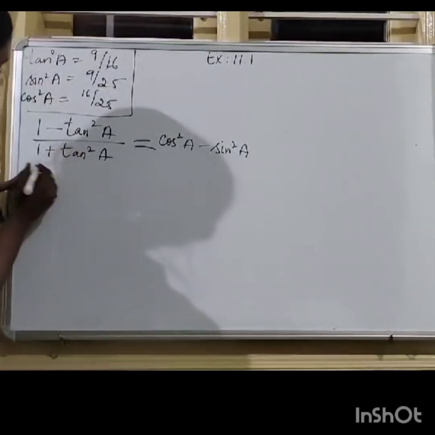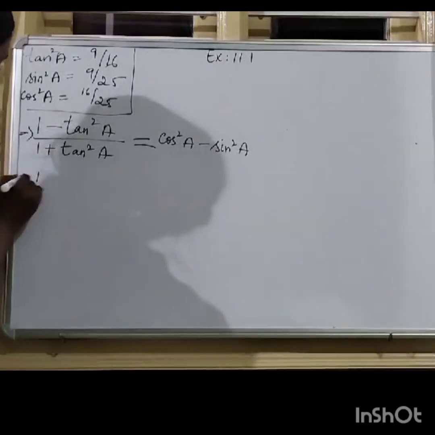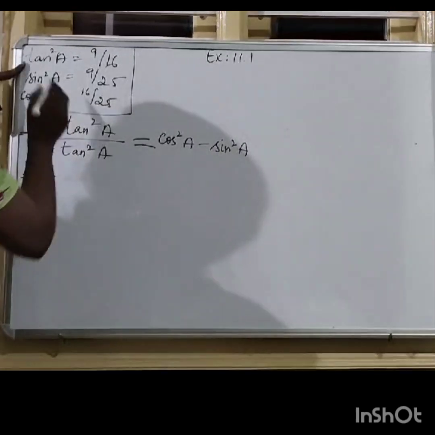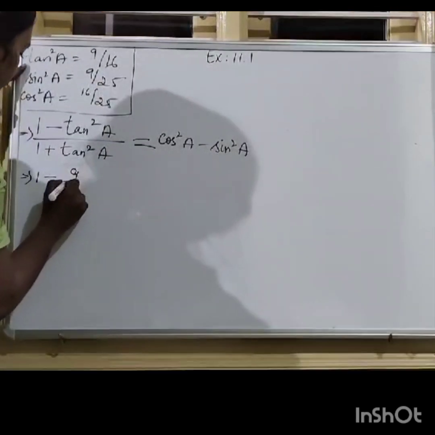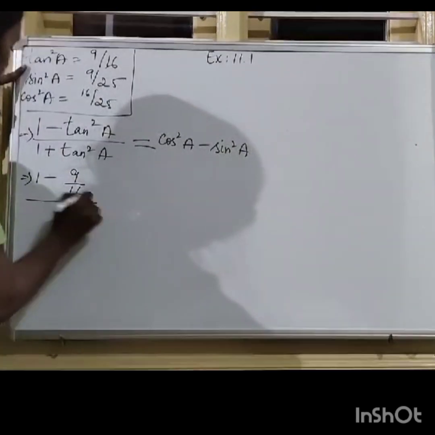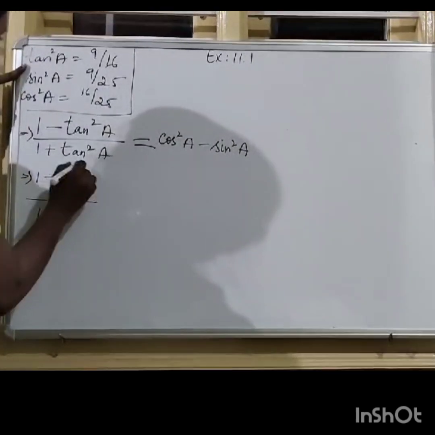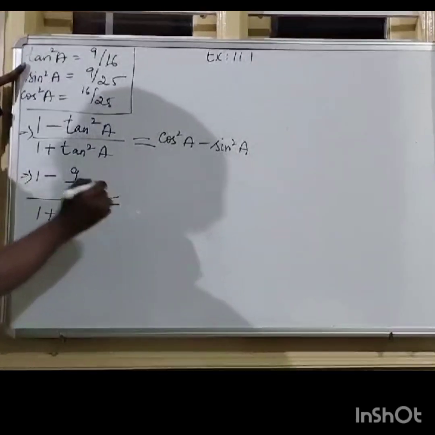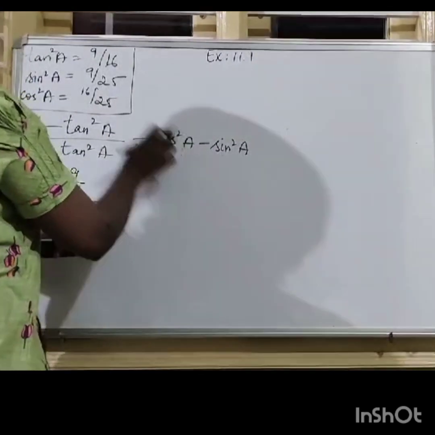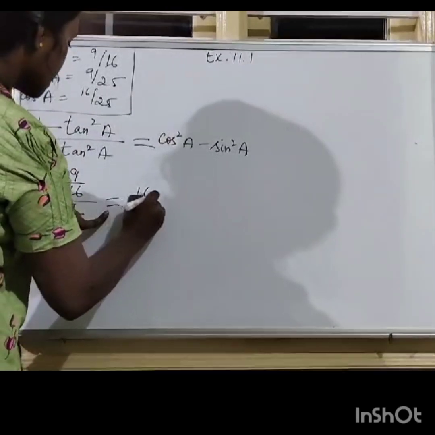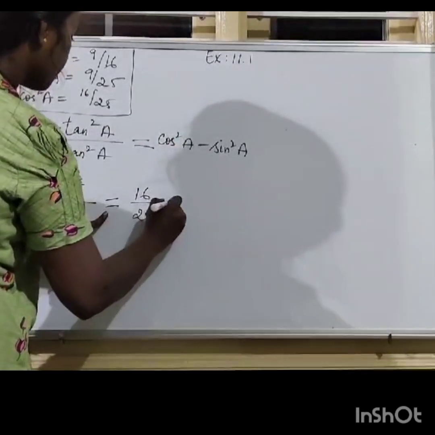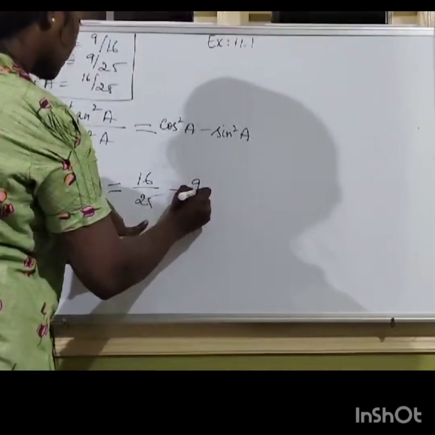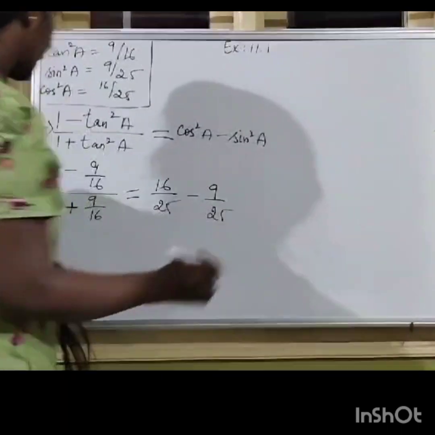So 1 minus our tan square A value, 9 by 16, divided by 1 plus tan square A value, 9 by 16, equals cos square A value, 16 by 25, minus sin square A value, 9 by 25.